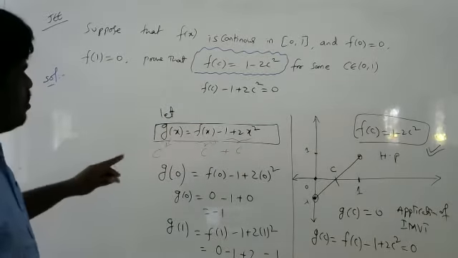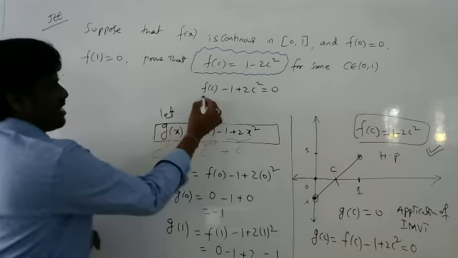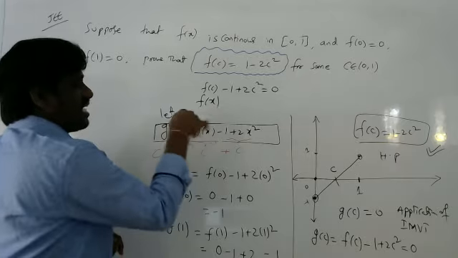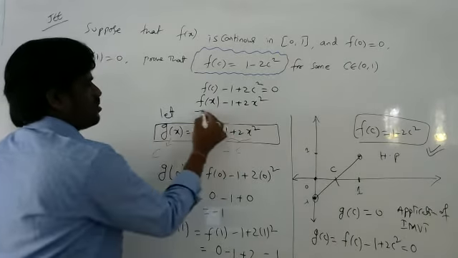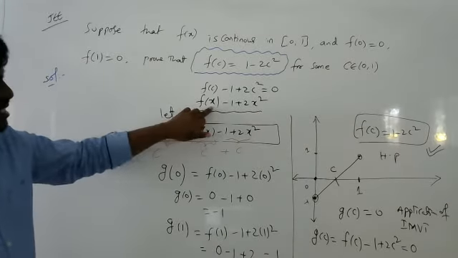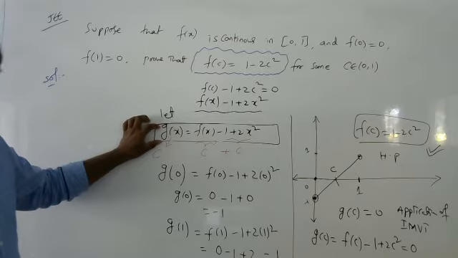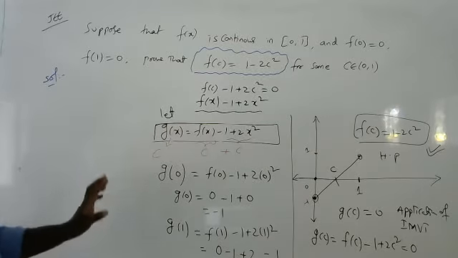I take c as x, and g of x is equal to f of x minus 1 plus 2x square.